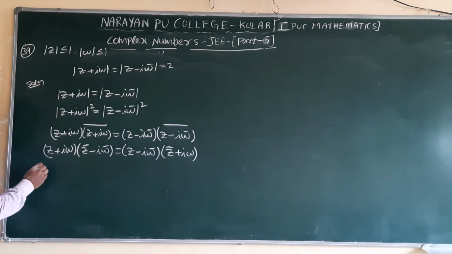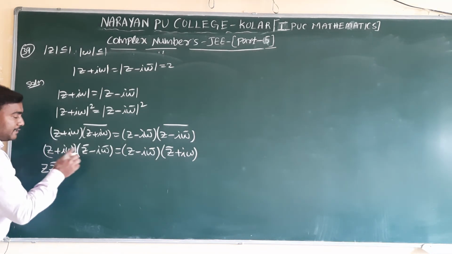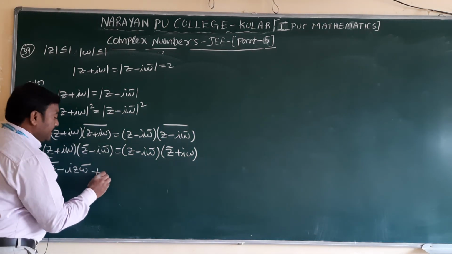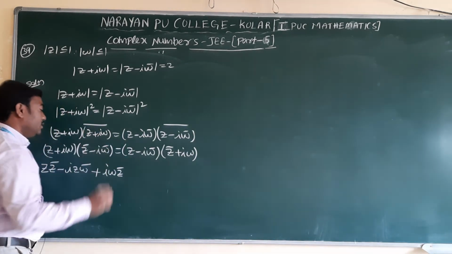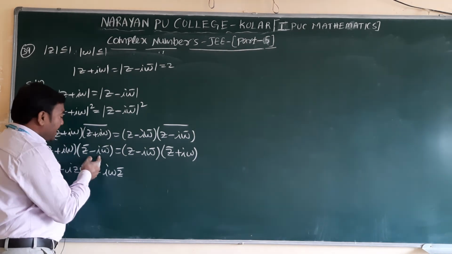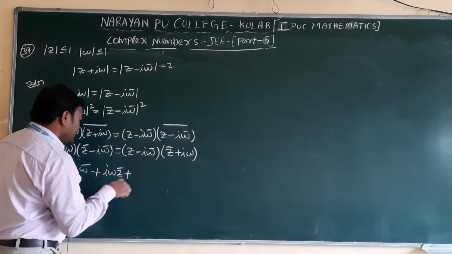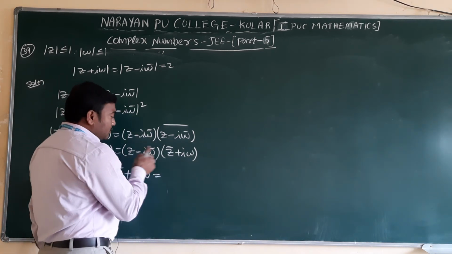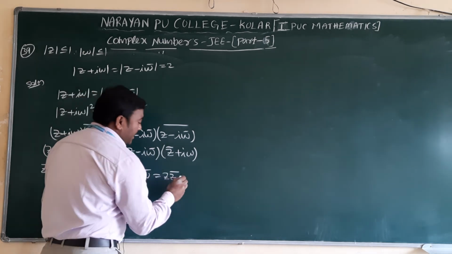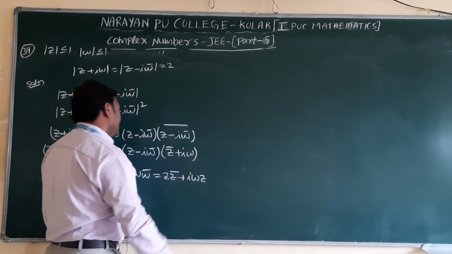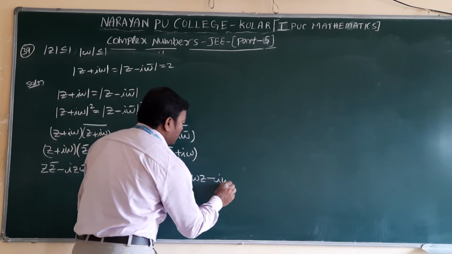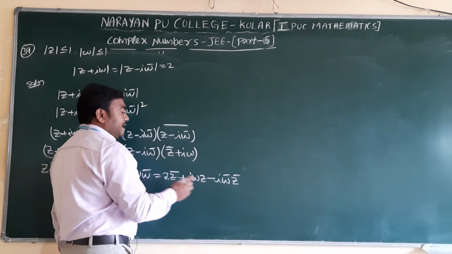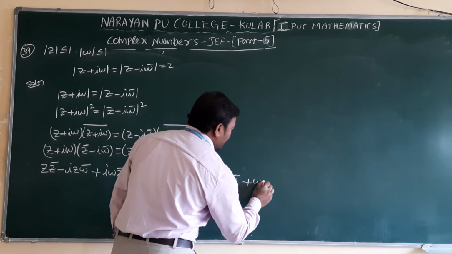So here multiplied: z into z bar, z into minus i omega bar, minus i into z into omega bar, plus i into omega into z bar, plus minus minus i into i, square, minus i square, minus 1, plus omega into omega bar, is equal to z into z bar, z into i omega plus i into omega into z, z into omega minus i omega bar into z bar, minus into plus minus, so i into i square, again we are getting plus 1, omega bar into omega.